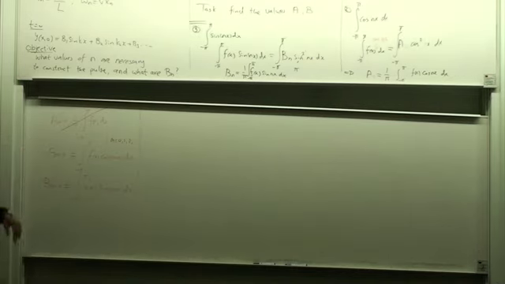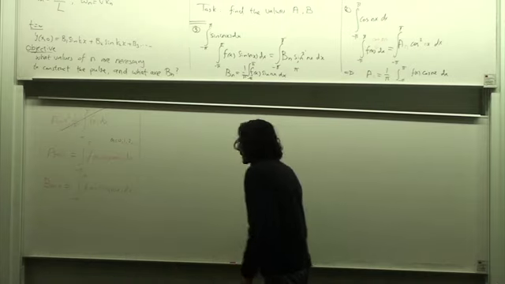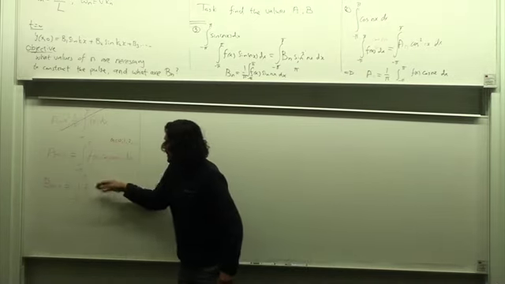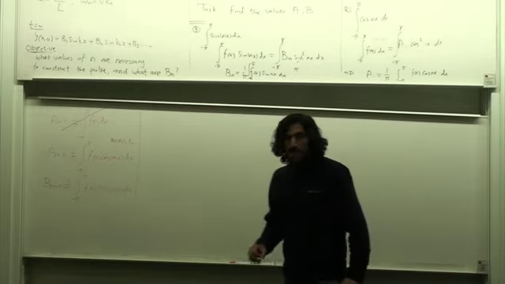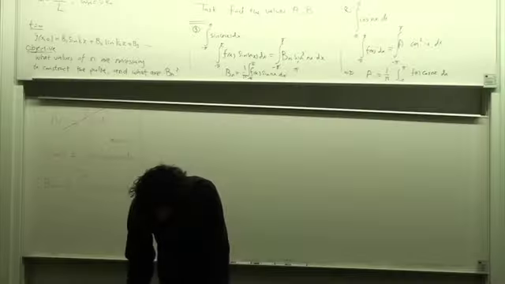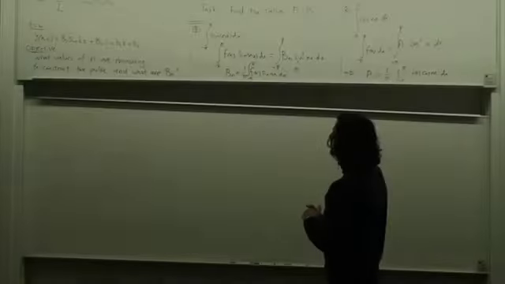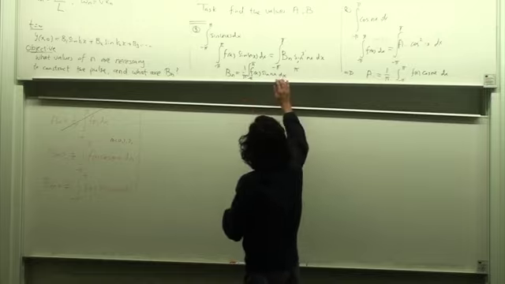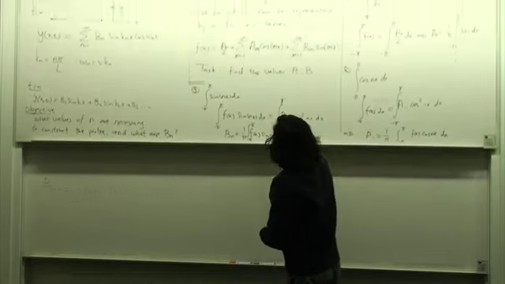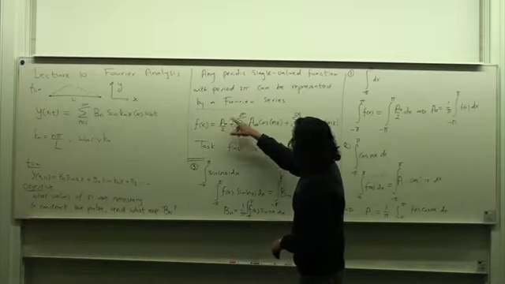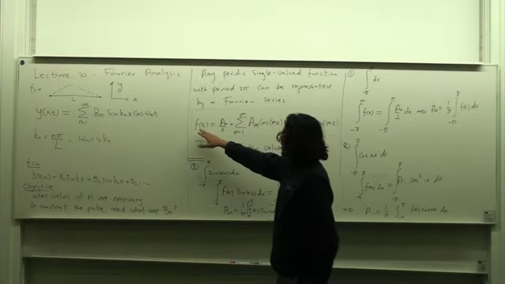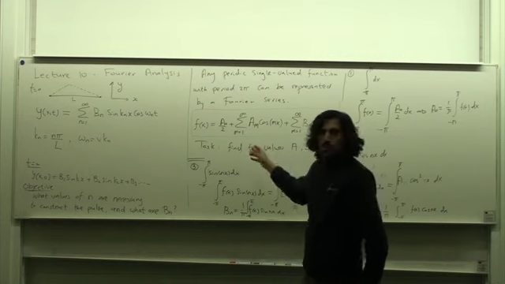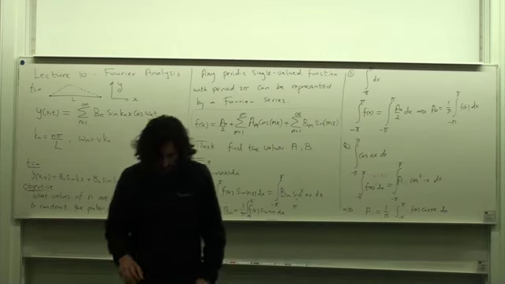So we have only two relations here that we can use for Am and Bm. Note that A0 over 2 is the average value of the function over the 2 pi period.